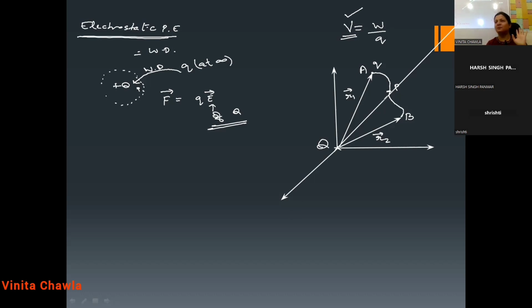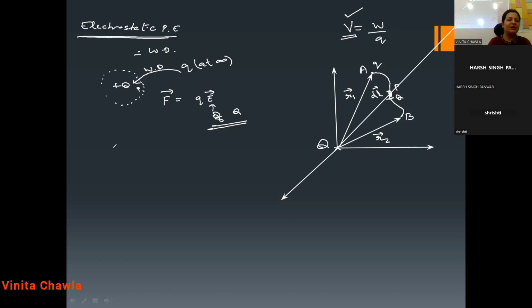Every time we do like this, and then we say suppose it covers a small displacement and from P it goes to point Q. This is how we do the problems in physics. हम बीच में कोई सिचुएशन कंसिडर करते हैं कि अभी P पे पहुंचा और P के बाद स्मॉल डिस्टेंस कवर किया उसने Q. You can call it ds or dr. Let this displacement be dl. This is the small displacement.